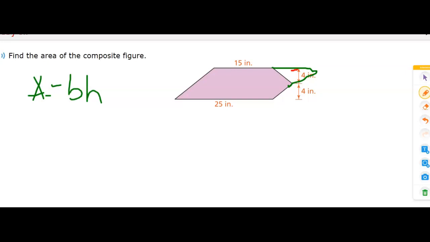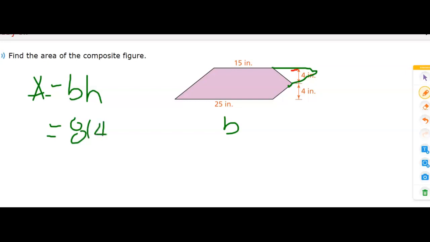So we know the base here is 25 and our height is shown here with the 4 and 4 equals 8. So we have 8 times 4.